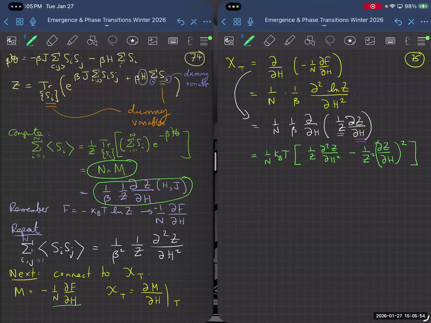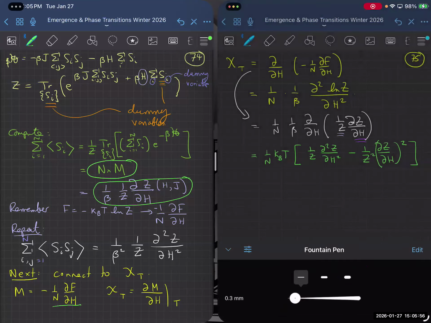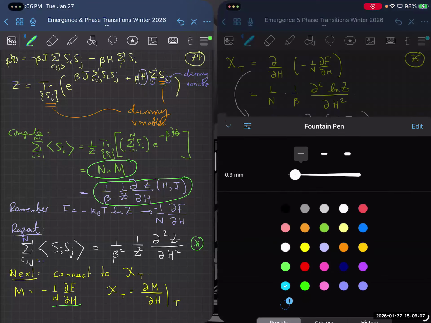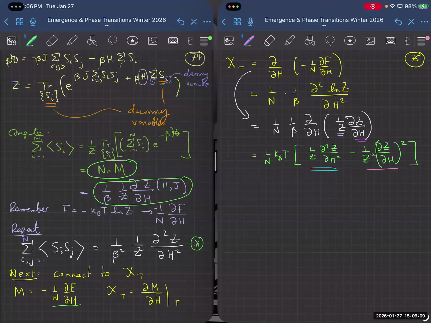And now when I look at these two terms, what I can see is that this term over here, d^2Z/dH^2, is equal to this S_i S_j. And this term over here is just the magnetization squared.